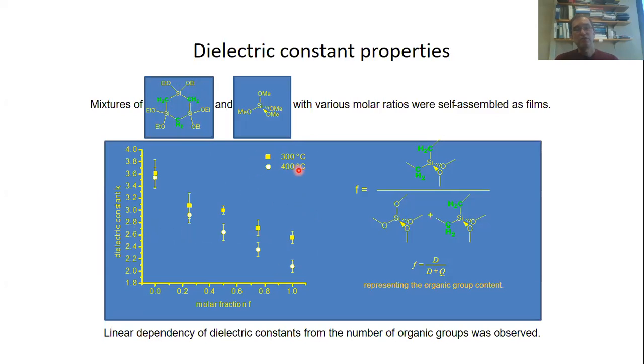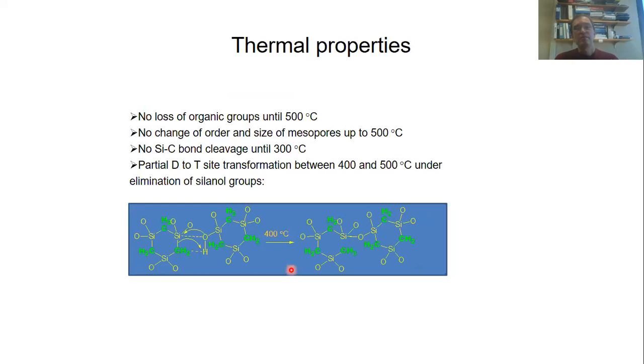But at 400 degrees Celsius, it is significantly lower. It is actually 2.0. So how can you explain this behavior? You can explain it through a process which can be called a self-hydrophobization process.